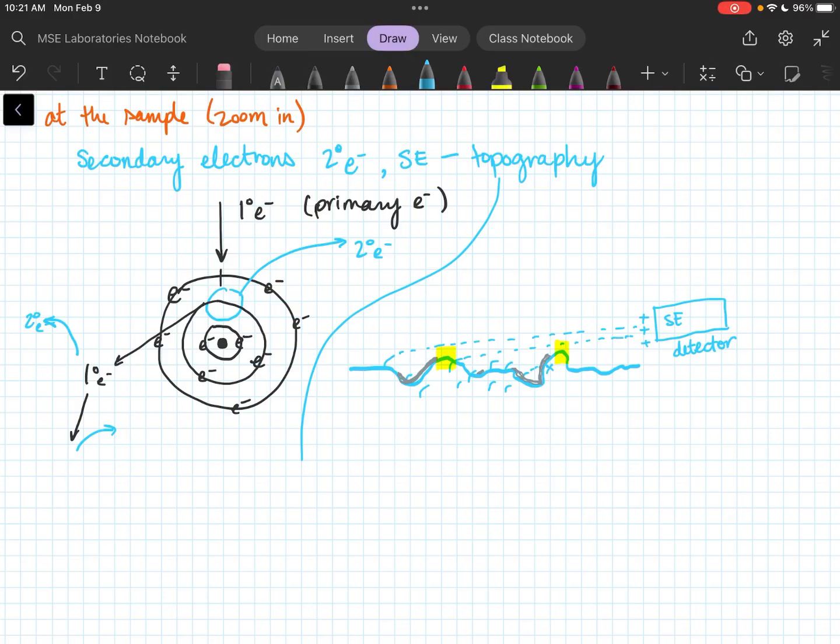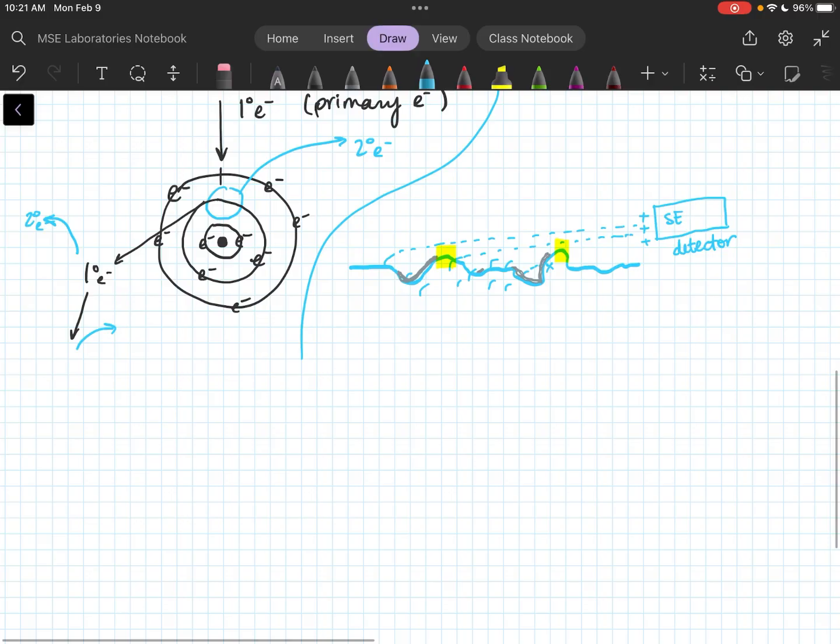Okay. Do you know the word topography? Yeah. When people talk about electron microscopy, specifically secondary electrons, they will often talk about being in a helicopter. You're looking straight down from above.